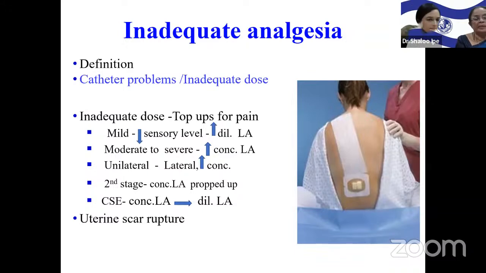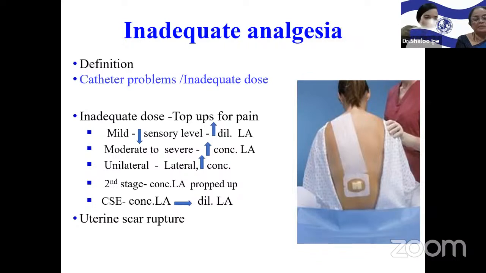And if the pain is mild, what we do is we can give larger volumes of dilute local anesthetic. If the patient's pain is moderate to severe, we have to consider more concentrated local anesthetic. If the pain is unilateral, the patient is made to lie lateral and a more concentrated solution is given and they rest for 5 to 10 minutes, following which there will be adequate pain relief.